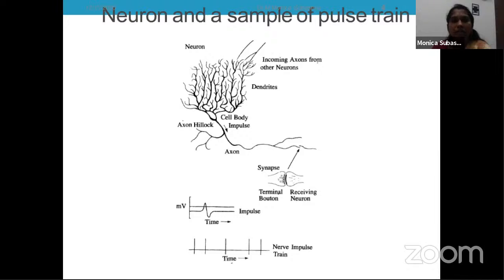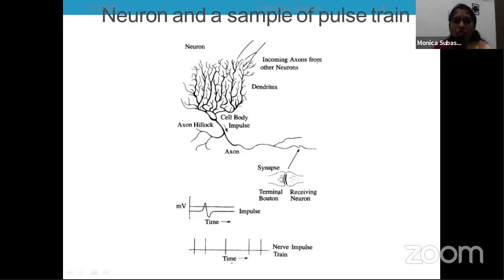The neuron is the basic unit of the brain. Billions of neurons are available, and the brain is the controlling unit of our entire human body. Everyone is aware of this. So what is happening inside the brain? The individual unit of the brain, the neuron, has the structure given here.